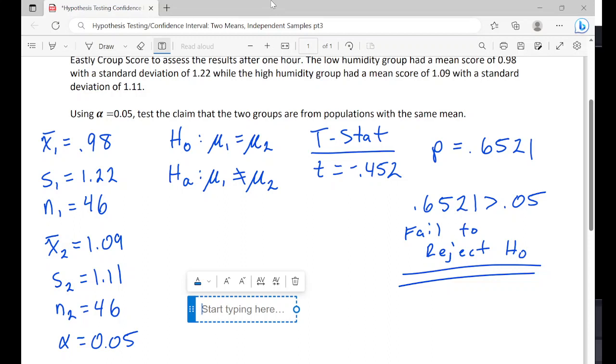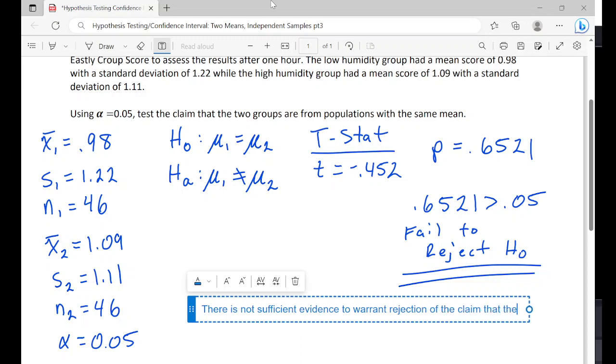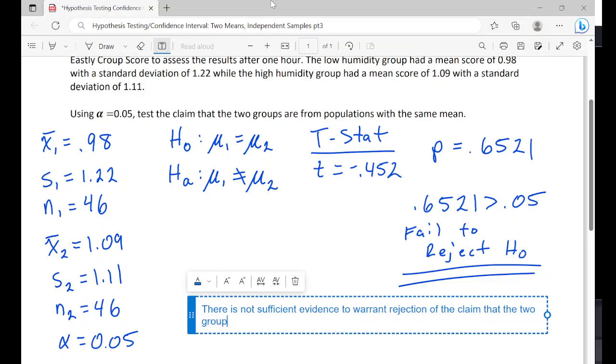So we can say that there is not sufficient evidence to warrant rejection of the claim that the two groups are from populations with the same mean.